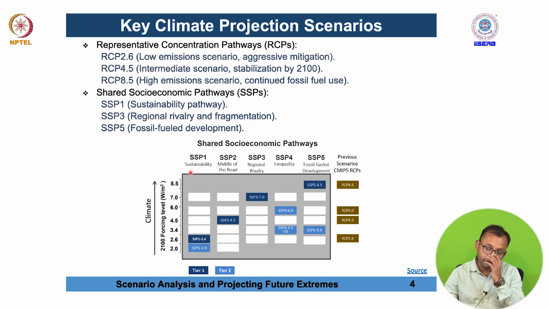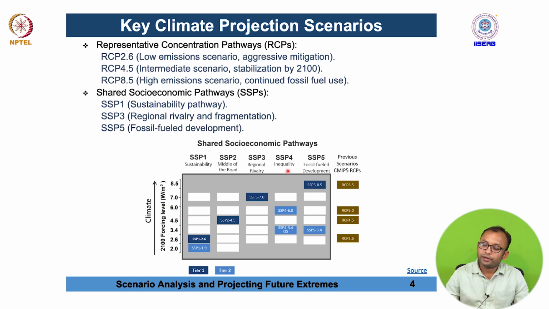For example, the first is called the sustainable growth model. The second is basically middle of the road, a little bit away from the sustainable model. The third is basically moderate regional rivalry, where you have a relatively higher amount of greenhouse gas emissions and global warming.